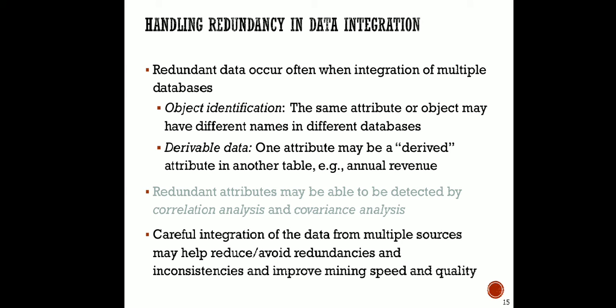Now handling redundancy in data integration. Redundant data may occur when we collect data from different sources and accumulate it in one place. One problem can be object identification. One object can have a different name in different areas, as we have seen with customer name and customer ID.